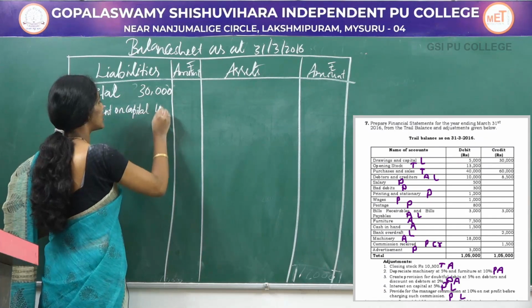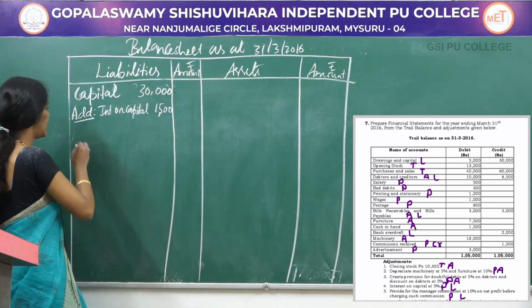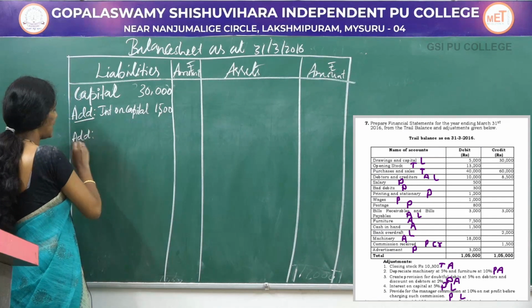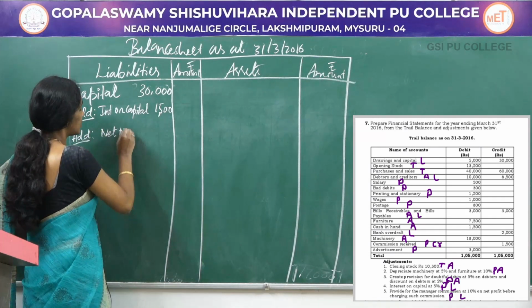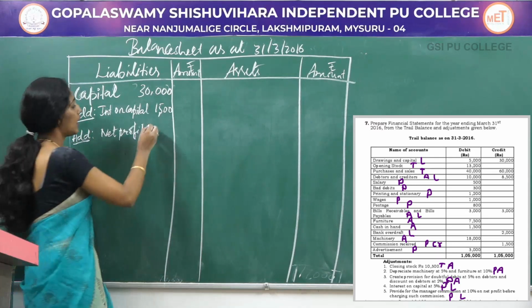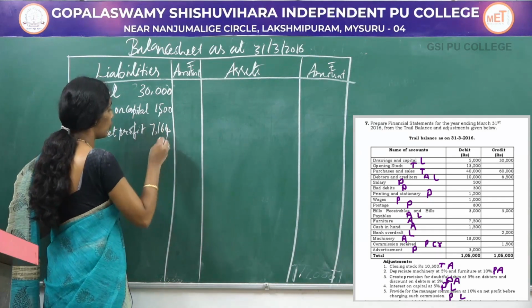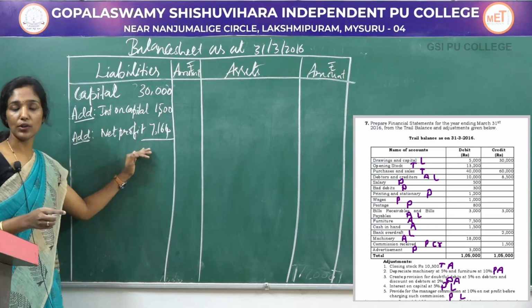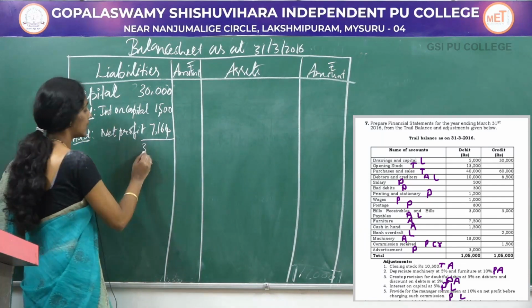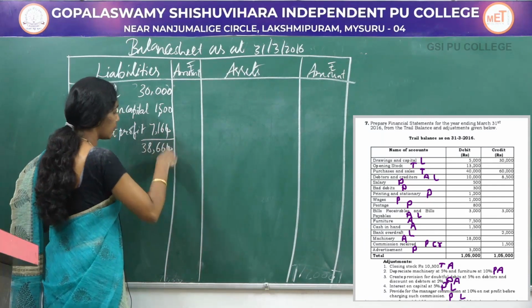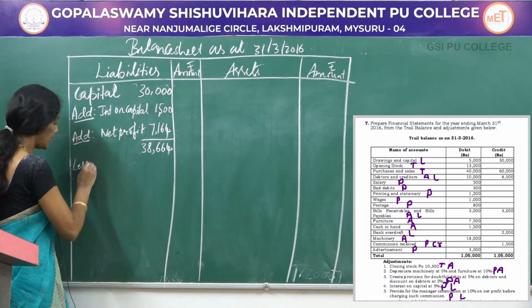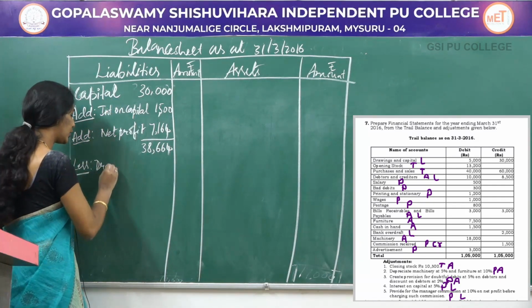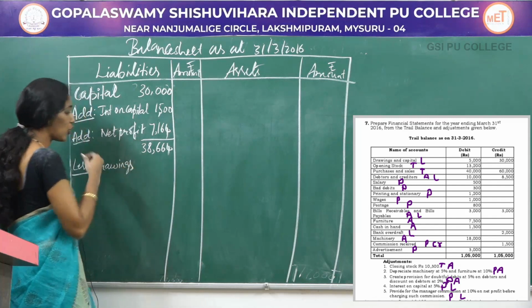What is the amount of interest on capital? 1,500. Then you have to add net profit. What is the amount of net profit? 7,164. When you add all together, you will get 38,664. Next, from this you have to deduct drawings, less drawings.